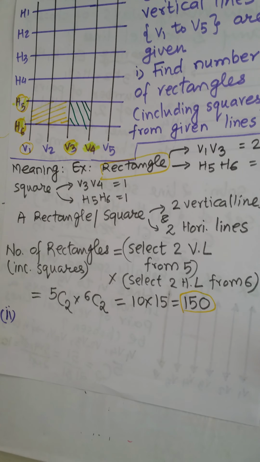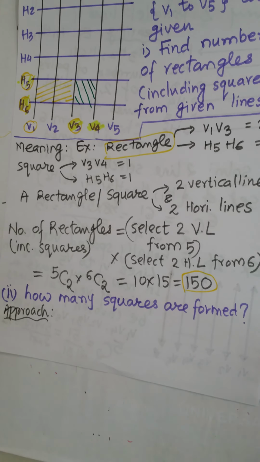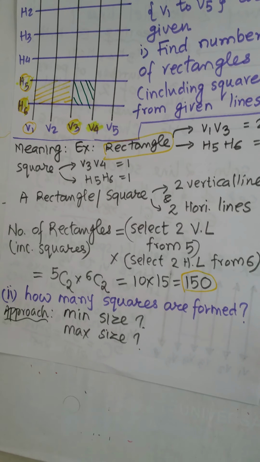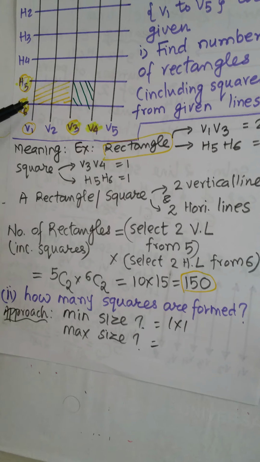Now the second part: how many squares are formed? What concept will we use here? How should our approach be? We have to think what is the minimum size of a square and the maximum size possible. The minimum is 1 by 1, and for the maximum, vertical lines are fewer.